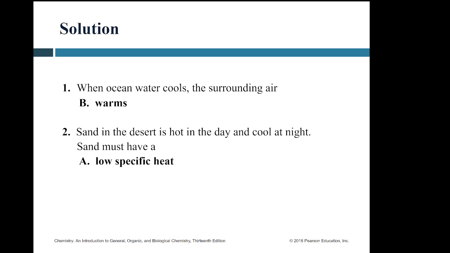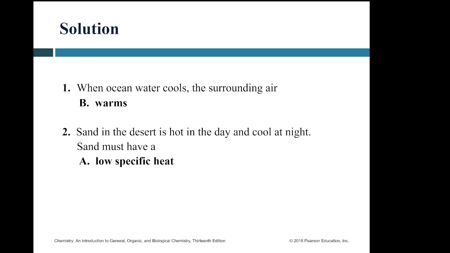Got it. Now, why does one thing cool and the other thing warm? Isn't it called like ocean breeze or wind breeze or whatever? Yeah, that's what we usually call it when you're on the ocean, the cool air coming in from the ocean. The reason though is that when one thing warms, like if you put a hot object in your hand, is the object getting hotter while your hand's getting hotter?